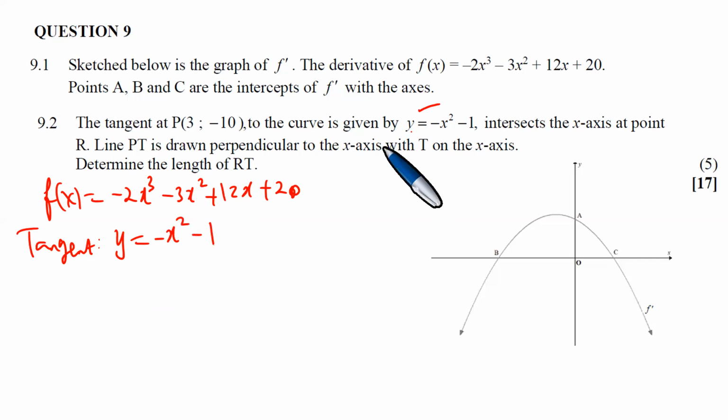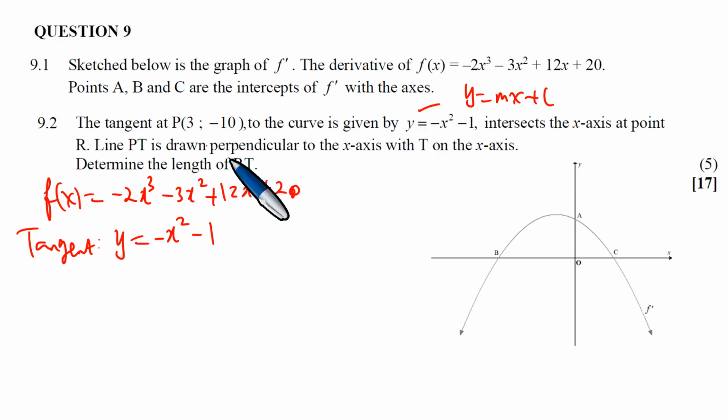The tangent is not straight. The question had a couple of issues there because at matric, normally we do tangents that are of the form y equals mx plus c. So the tangent is this. Let's substitute to see if this point makes this true. If x is 3, 3 squared is 9, minus 9 minus 1 is minus 10.